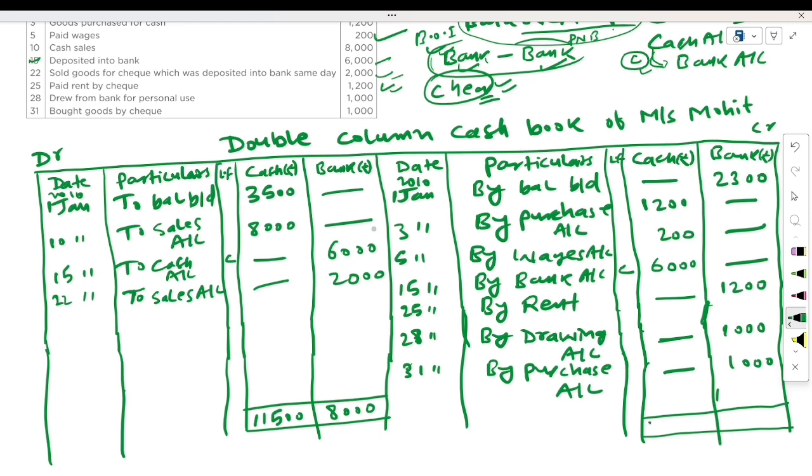We will write here as it is 11,500 and 8,000, by balance c/d. How much amount will be here? 4,100. 4,100 will be here, and on this side how much amount will be? 2,500 will be here. So this is all about the double column cash book.